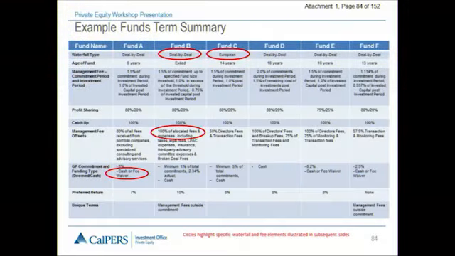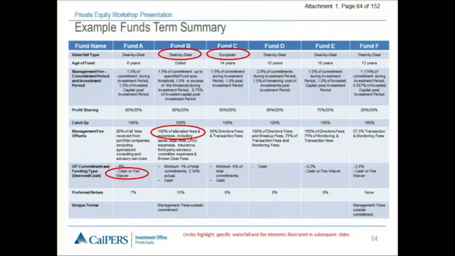Great, thanks, David. So David's gone through theoretical examples. What I'd like to do is give you 6 real-world examples from the CalPERS portfolio. What we tried to do with these examples is capture a full breadth of funds, some that have been fully exited, some that are at the end of their investment period, some that are deal-by-deal waterfall, some that are European waterfall, some that have 100% offset, some that have less than 100% offset.